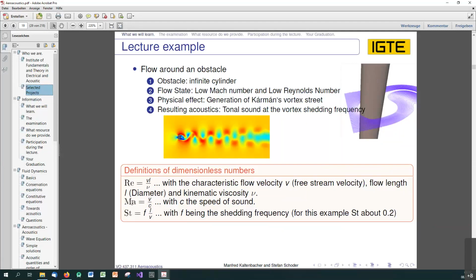The Mach number is a dimensionless flow speed. This means the flow speed, the small v, is divided by the speed of sound. Mach below 1 is subsonic, above 1 is supersonic, and above 3 or so is hypersonic, and so on.